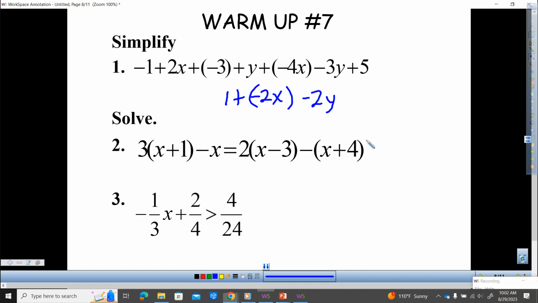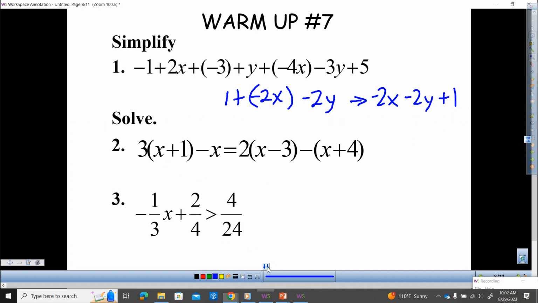And if you got something like that in any order, okay. However, in standard form, what would go first, everyone? The x, so it would be negative 2x minus 2y plus 1. Okay? All right, double check your work.